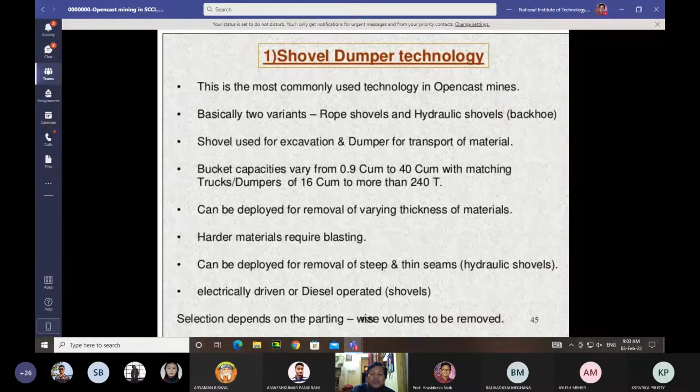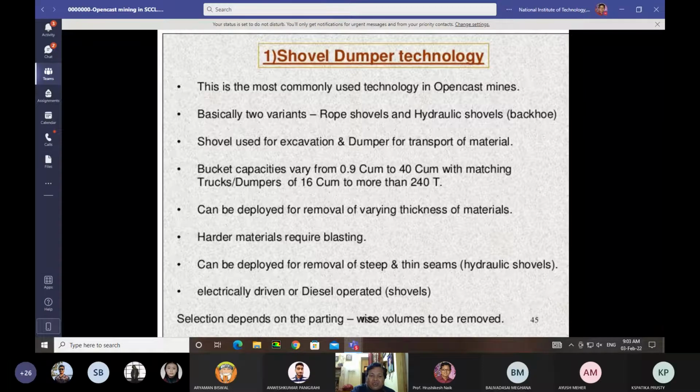Usually it is better to go for electrically driven shovels rather than diesel shovels, because diesel is very costly whereas electrical energy is cheap. That is why people prefer to go for electrically driven shovels. But if the mineral is less, then you can go for diesel operated shovels.